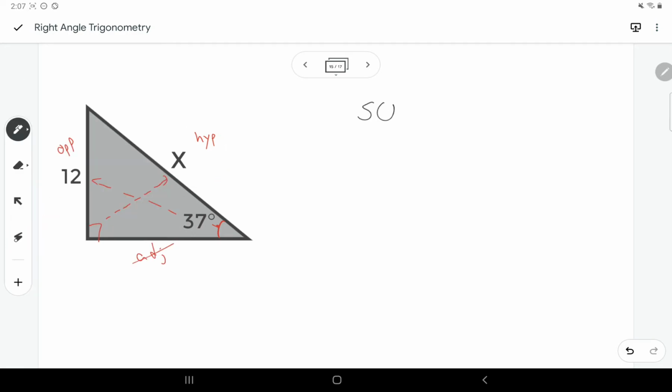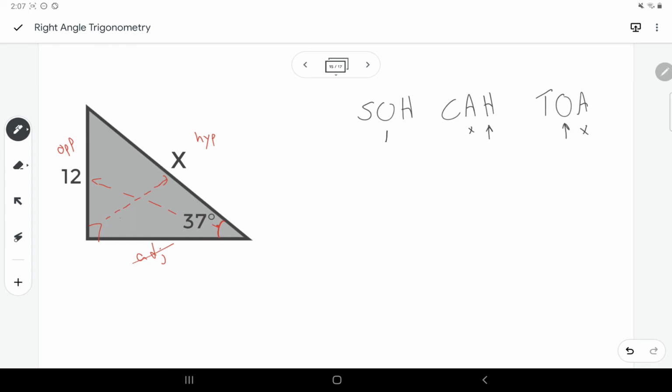We look at SOHCAHTOA, S-O-H-C-A-H-T-O-A, and we look for, okay, which of these ratios has both the opposite and the hypotenuse? Okay, so let's check out tangent first. Tangent has the opposite, but it doesn't have the hypotenuse. Okay, let's try again. Cosine has the hypotenuse, but it doesn't have the opposite.